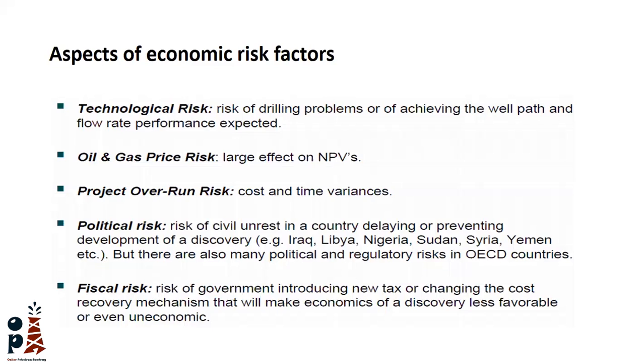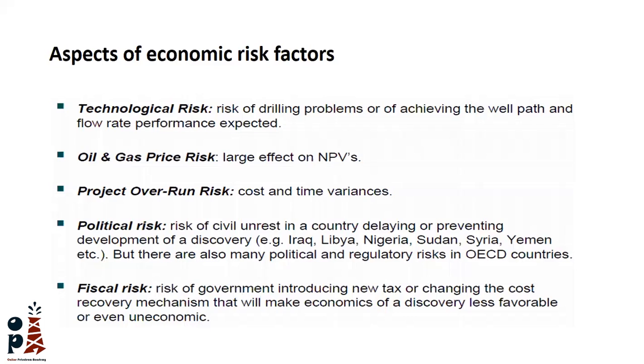And the fourth risk is political risk. This happens when you have a severe war or what happened in the Arab Spring. This is also a risk. And finally, we have a fiscal risk. That is a governmental risk when they introduce a new tax like VAT in Egypt.